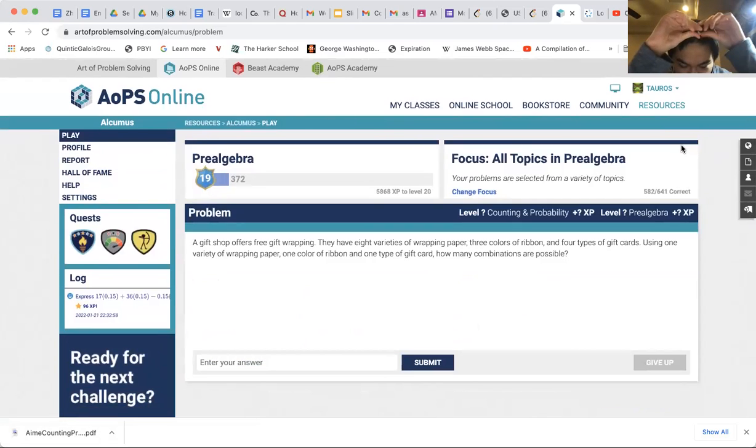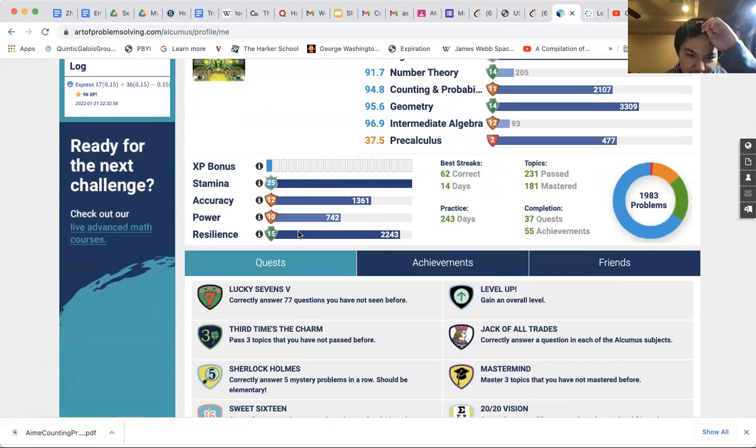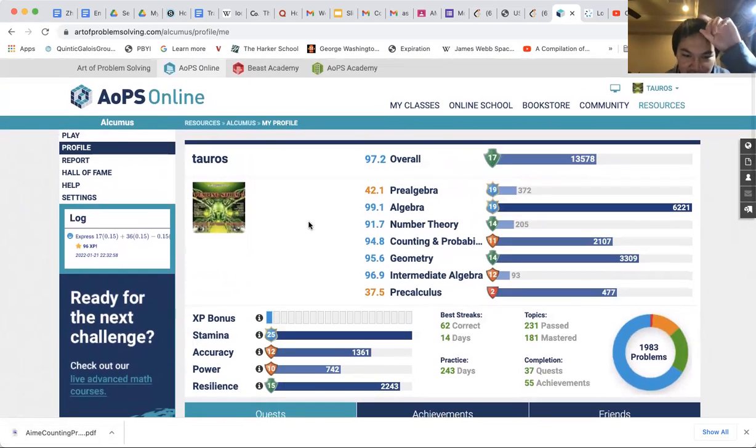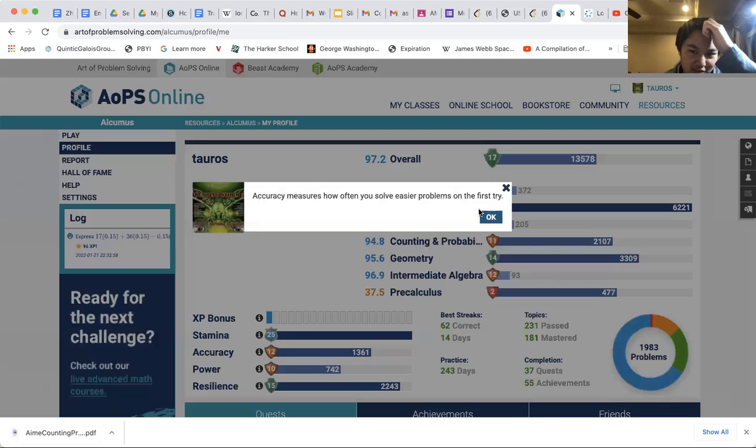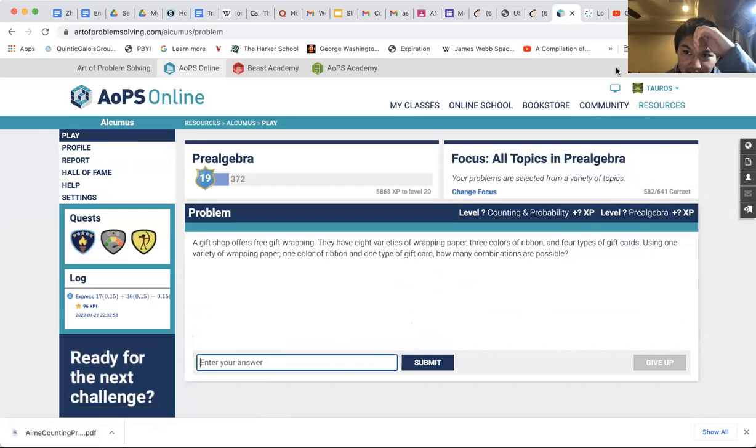If not, it'll say wrong answer, you can try again. And it has a lot of stats for it, like stamina, resilience, all of this stuff. This is if you answer right on the second attempt. This is answering right on the first try. I don't exactly remember what power and stamina are, but I think they relate to how often you do it.